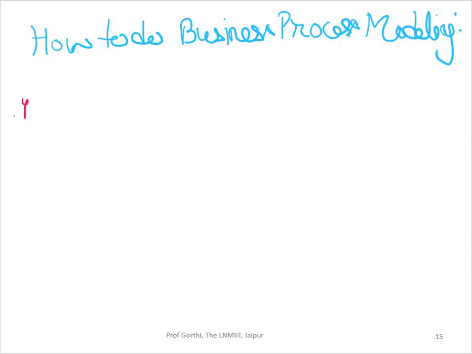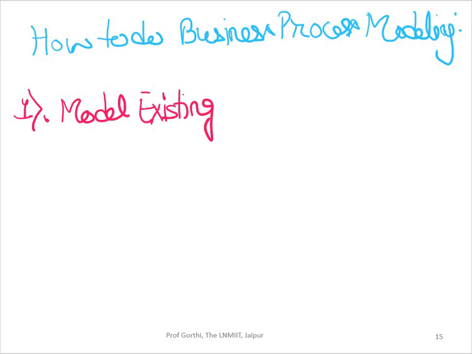One is model existing process. That means whatever is there, let's model it. Let's use one of the business process modeling techniques to put the process you are working with down on paper or with the help of some software.